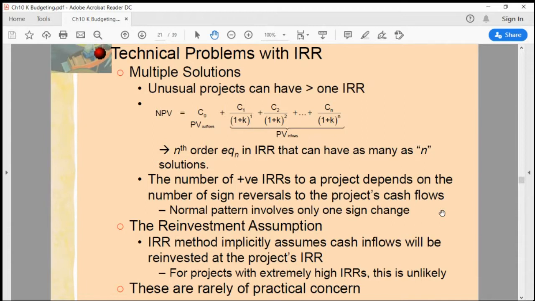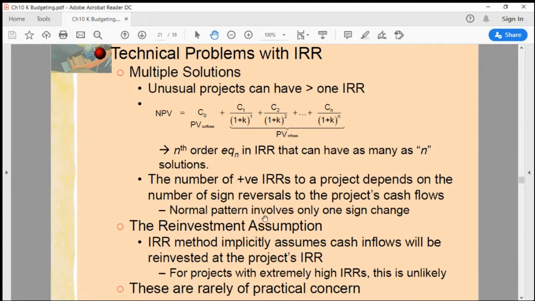Why? Maybe in year 7, you expand your production capacity, and to expand the production capacity, you will need to make additional investment, right? And then there can be another expansion in year 11.